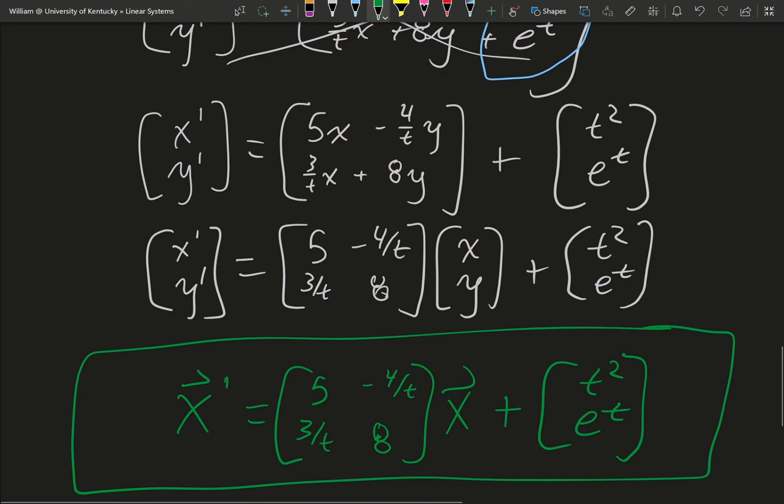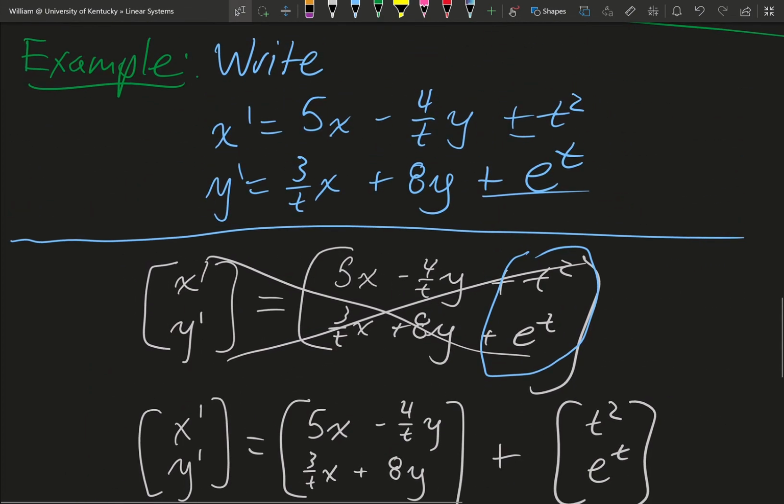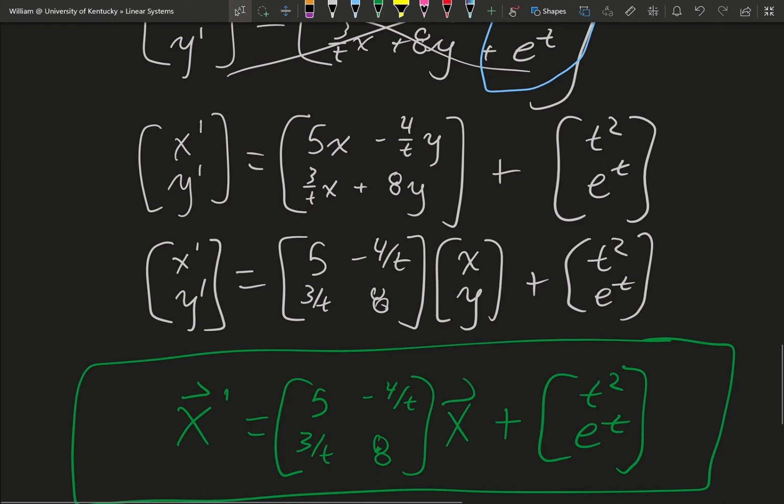And just sort of look at this and remember where we sort of came from. So still finding the matrix pretty straightforward. Just make sure to line things up, account for any terms that aren't present by writing a 0. And then if you have these sort of standalone terms, you just write them in a separate vector.